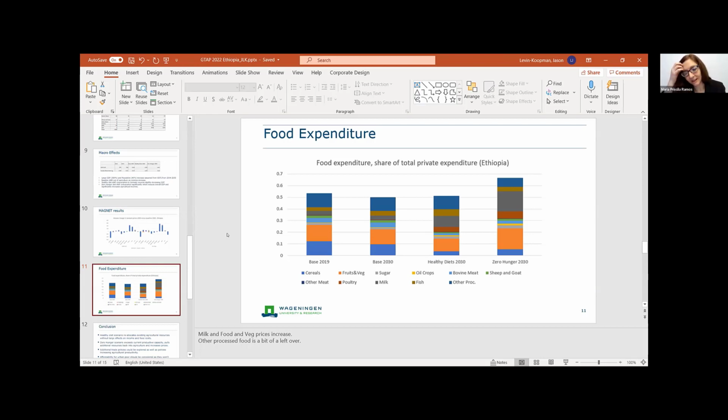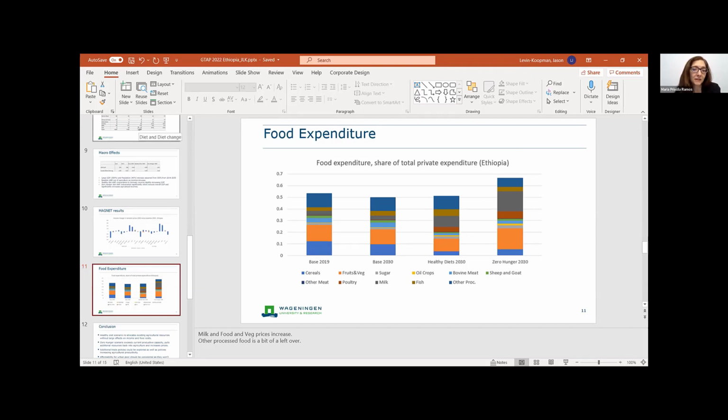Also, in line with the previous question to Cicero, in the magnet model you presented at the beginning, you mentioned that there is a model of food security and nutrition, and here I didn't see any results in terms of the composition of the nutrients in the diet.